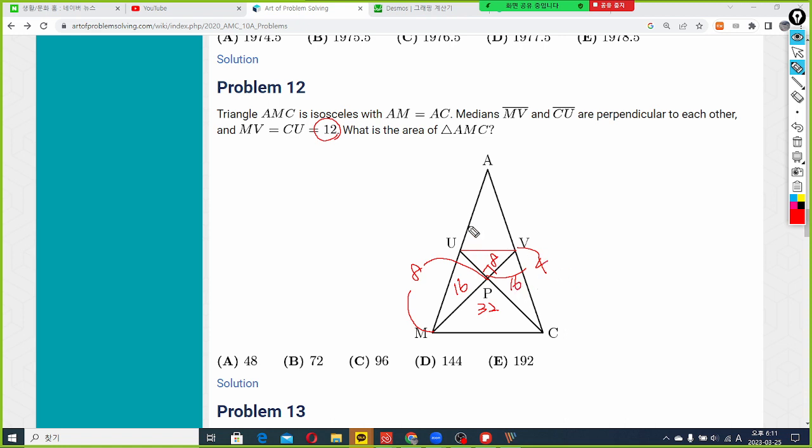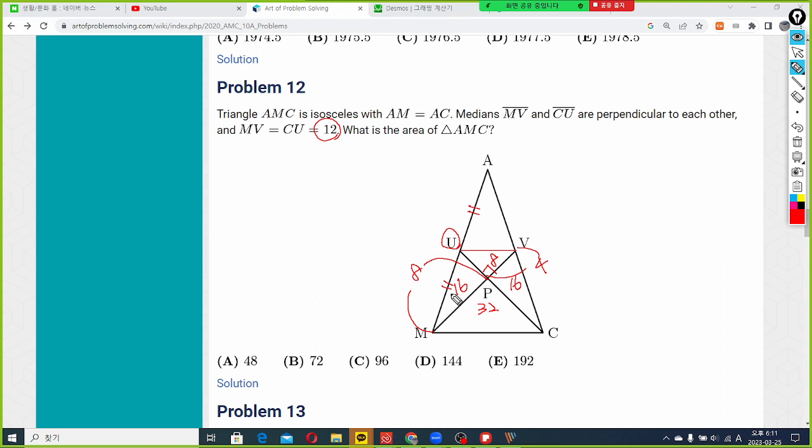And then what's the area of the top triangle AUV? This remaining triangle. Because this U is a mid segment, I mean, these two lengths are the same.